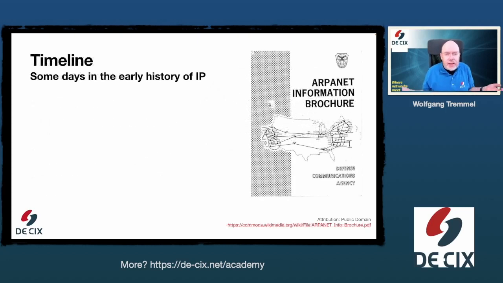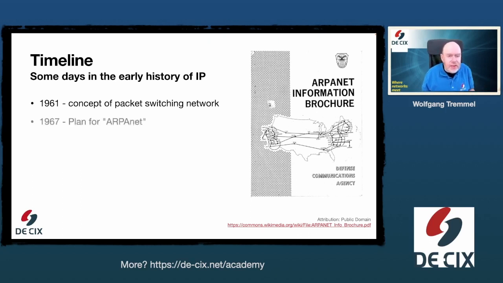And let me give you a little bit of a timeline of the internet. In 1961, the concept of a packet switching network was written down. And in 1967, the so-called ARPANET was planned. ARPANET was the predecessor of the internet.